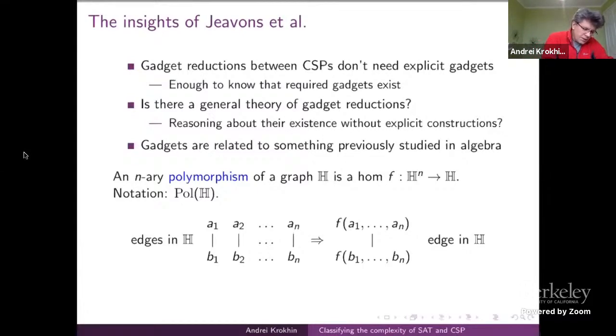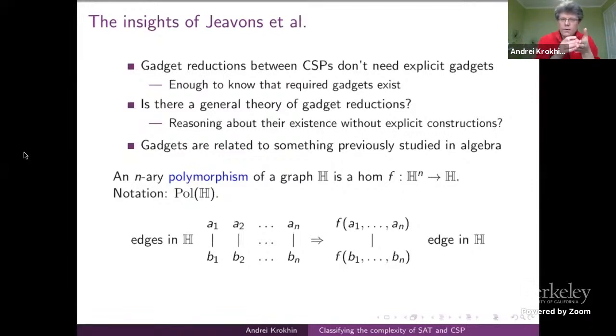So let me give this definition on an example. Say we have a graph H, and then an n-ary polymorphism of a graph H is simply a homomorphism from the nth power of H to itself. What is an automorphism of a graph?